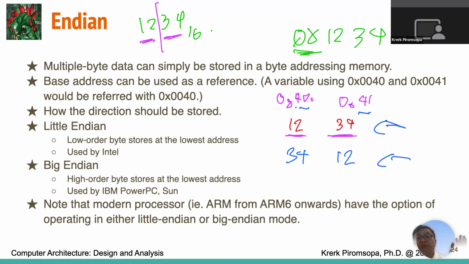This is the higher, 41. And they just name it. They name this one Big Endian, and they name this one Little Endian. Big and little.